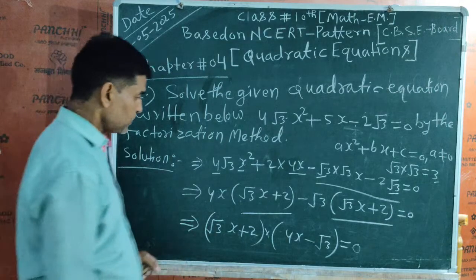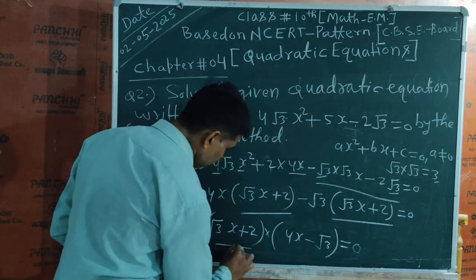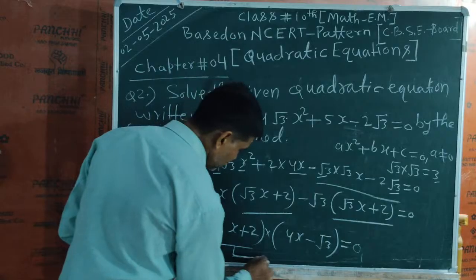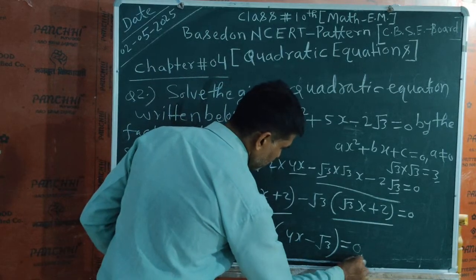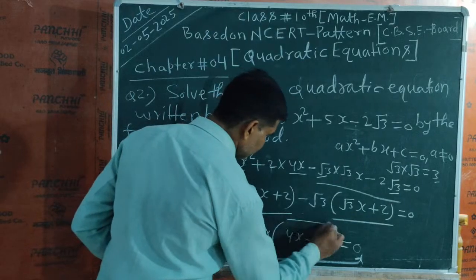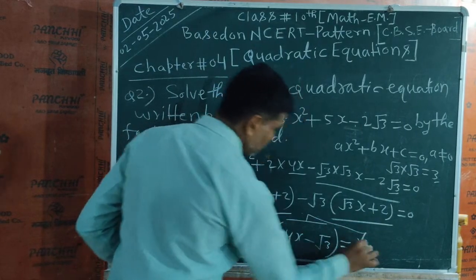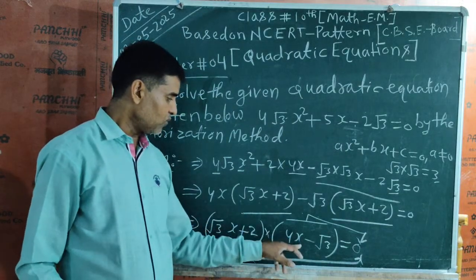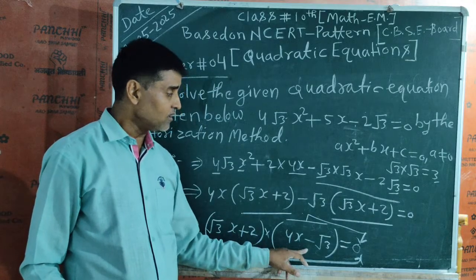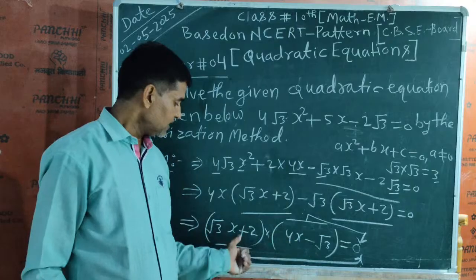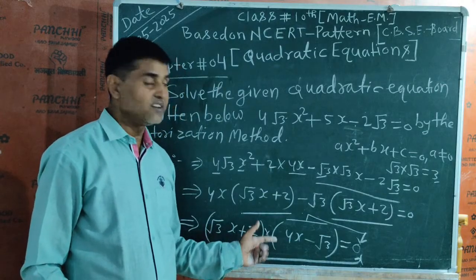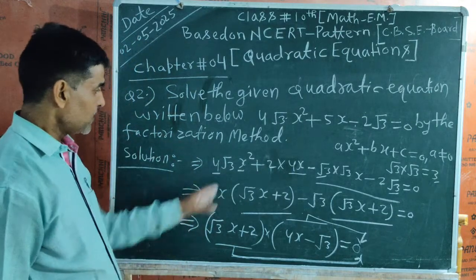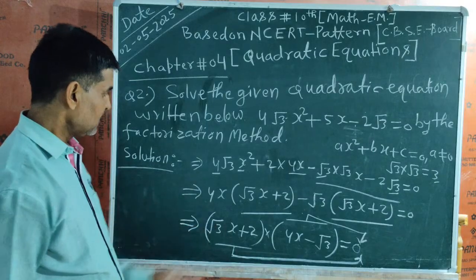Now further, if this term will be 0, in other words this term can be 0, then after making it 0 we will get the value of x, and we can also get the value of x from the other factor. After getting the values of x, we will draw its curve on the x and y plane. Okay, student. So I am going to erase the paper, and after erasing I will get its value.